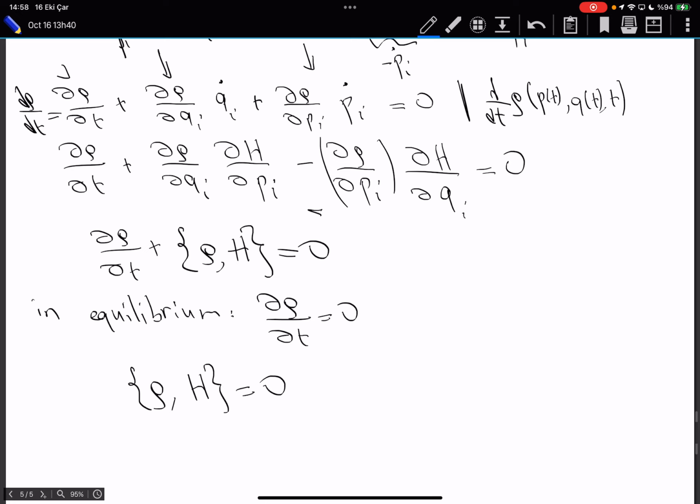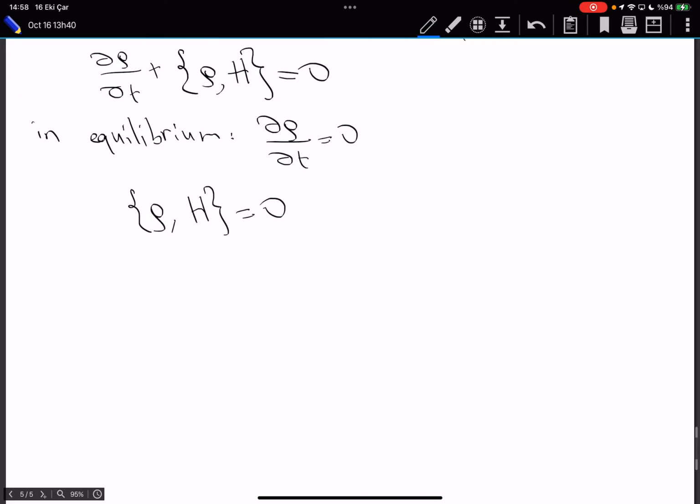Well, this tells me that rho should be a conserved quantity in equilibrium. The general solution will be rho can be a function of the Hamiltonian itself, or the energy. If you like, it can be a function of the total momentum of my system, or the total angular momentum of my system.